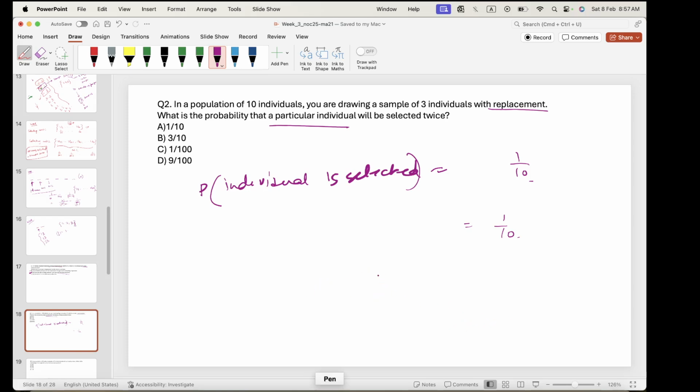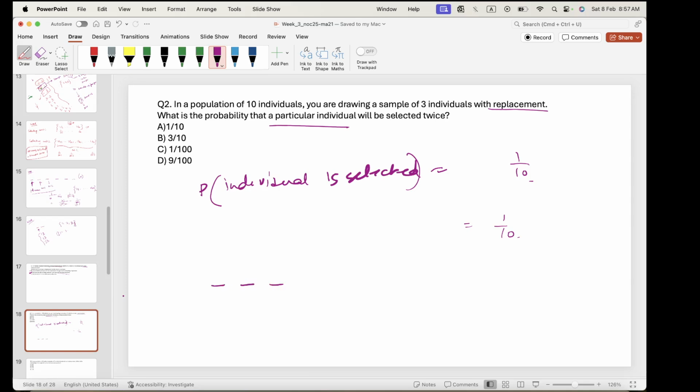So here you see, at any go, the probability an individual is selected is 1 by 10. I am drawing a sample where I have 3 spots.